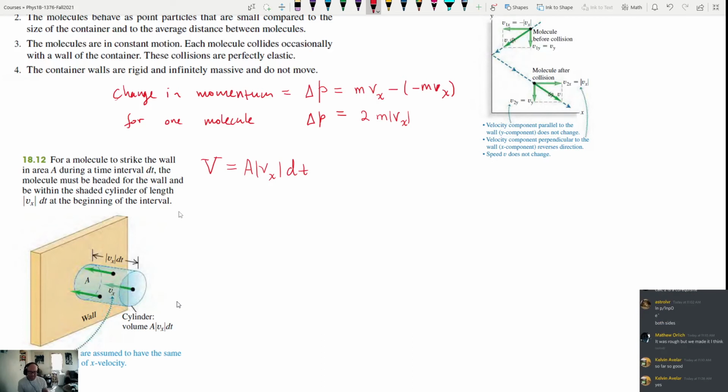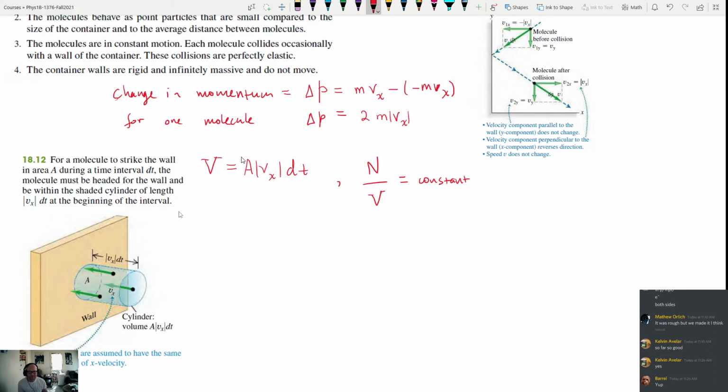So now we have to think how many molecules in our system are actually going to hit. Okay? And one thing that we know is that the number of molecules per unit volume, N over V, which is not density exactly but kind of like density, is going to be a constant.